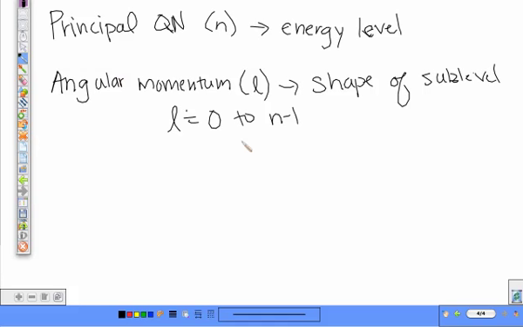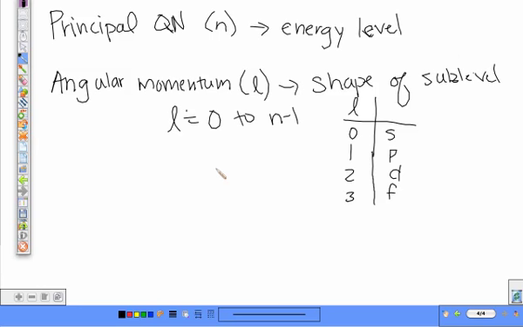We had this chart where if our L is equal to 0, that's S. If L is 1, that's P, 2 is D, 3 is F. You can only have sublevels up to n.